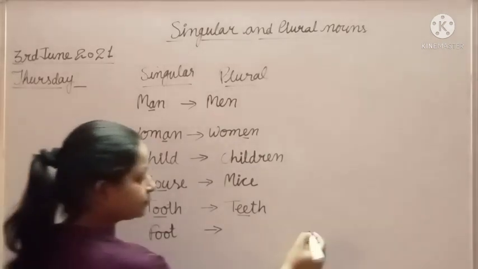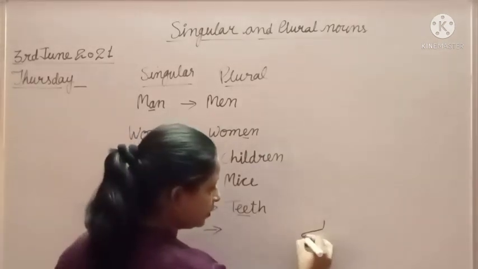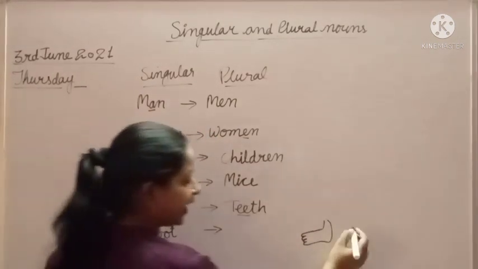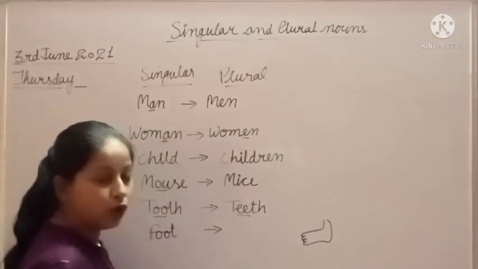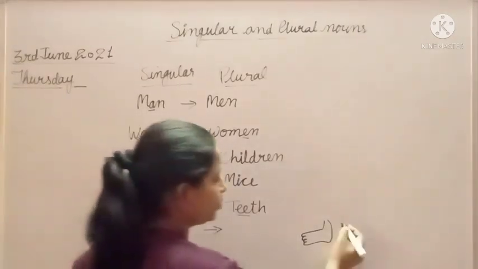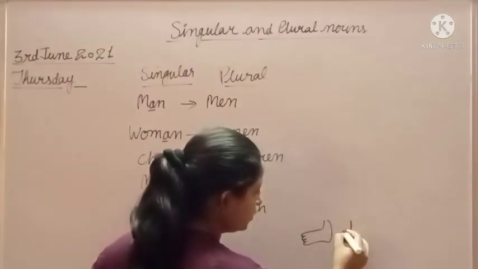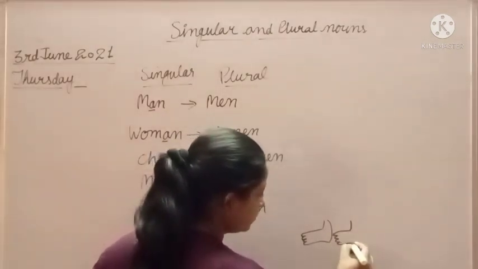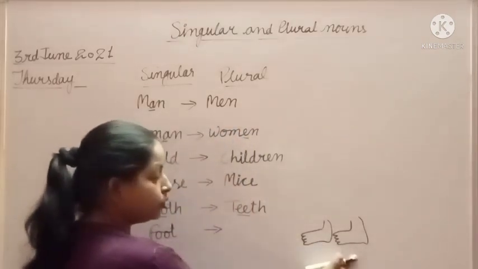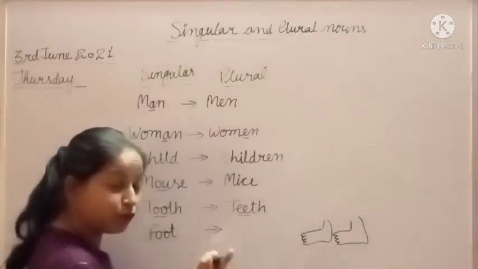Foot means the lower part of your leg. This is only one foot. You all know we have two, है ना? We have two legs. So as you know, we have two feet, not foot.